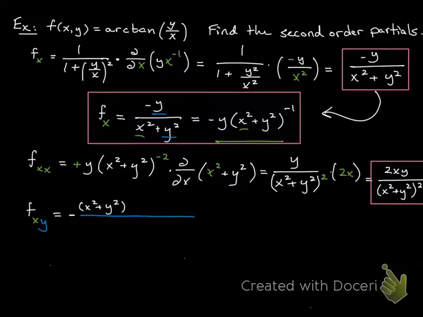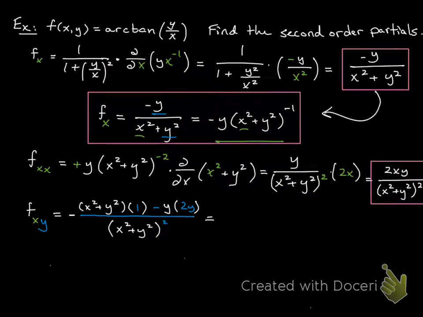Derivative of y with respect to y gives me a 1. Less, minus, high, d low, partial derivative of the denominator with respect to y. Partial of x squared with respect to y is 0, plus partial of y squared with respect to y is a 2y. Draw a line and square below, x squared plus y squared, squared.